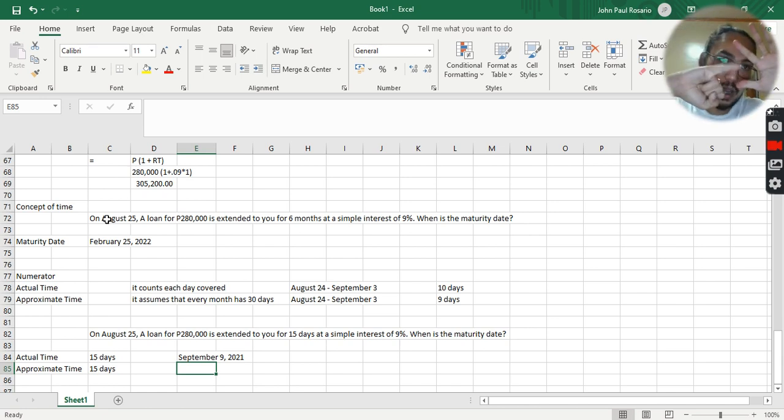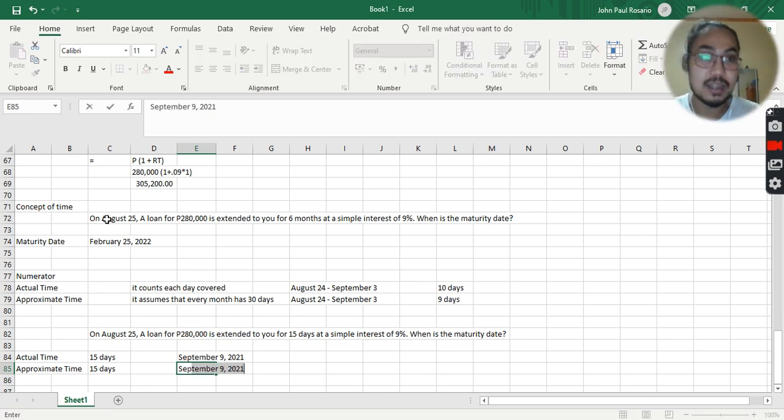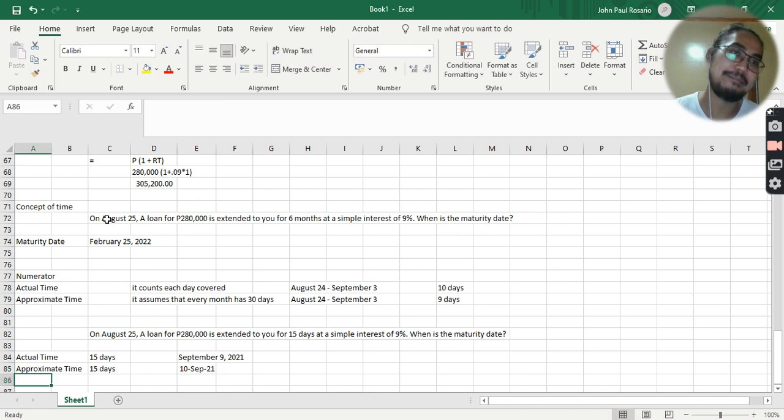And then we start with 1, 2, 3, 4, 5, 6, 7, 8, 9, 10. So our maturity date using approximate time is on September 10, 2021.